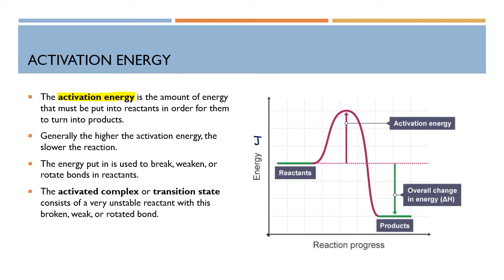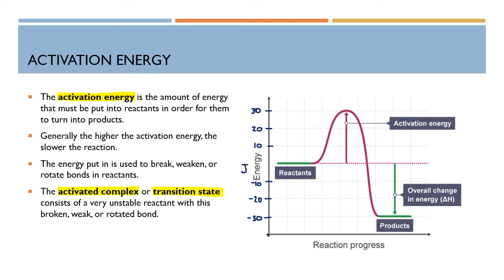The energy put in is used to break bonds, weaken them, or even rotate them. When the bonds are broken, weakened, or rotated, a new molecule is formed, and this is called the activated complex, or sometimes the transition state. It's a very high energy, very unstable molecule with these broken, weakened, or rotated bonds.